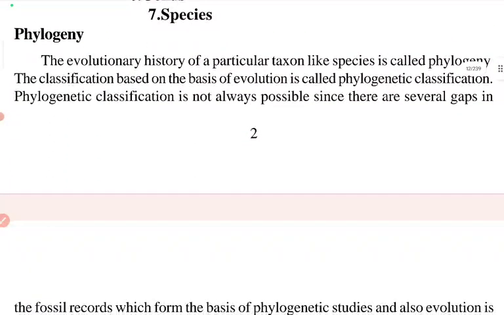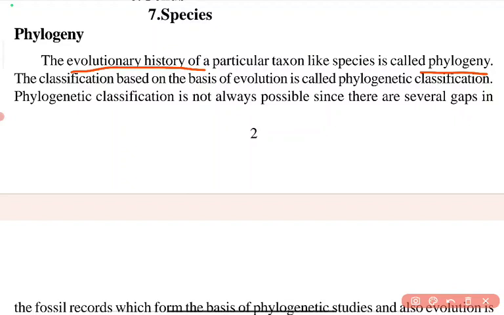Now about phylogeny. The evolutionary history of the particular taxon like a species is called phylogeny. So the evolutionary history about particular taxon like any species is called phylogeny. What is phylogeny? Evolutionary history, how it is evolution.